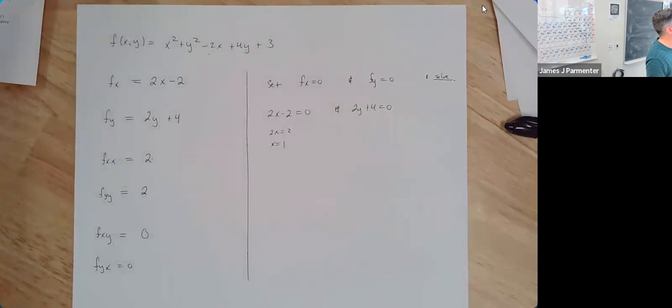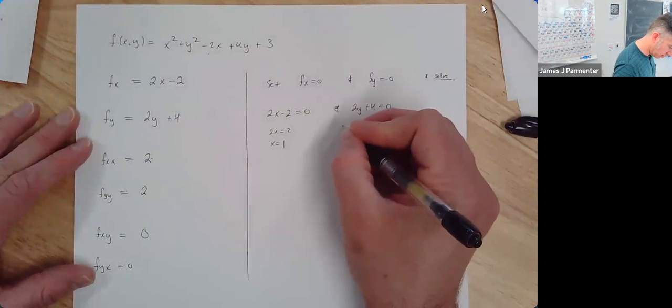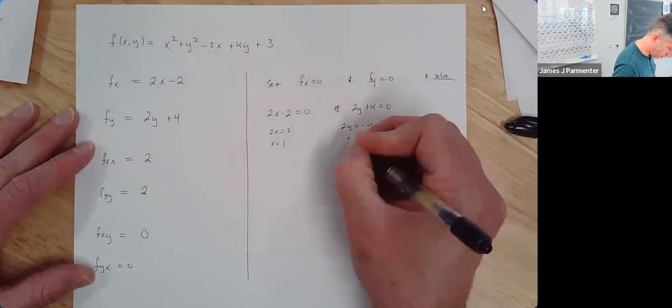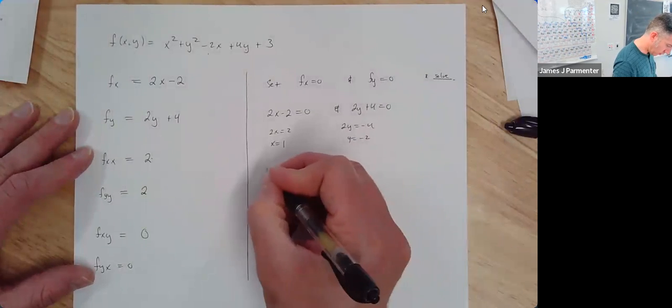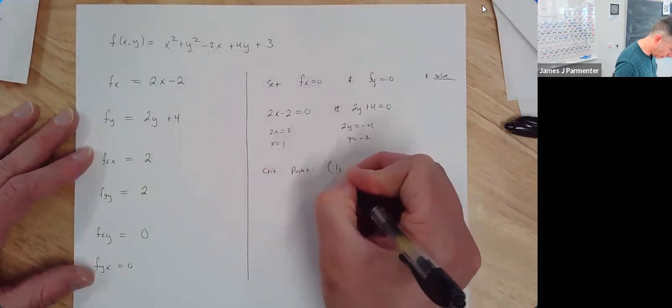We need the x and y coordinate to have the entire critical point. Unlike in 16A or B, where we found critical values, where it was just the x value, and then you found the y coordinate as like the output. Here, the z coordinate would be the output. Solving this one, 2y equals -4, y equals -2. So our critical point is the xy coordinate 1, -2.